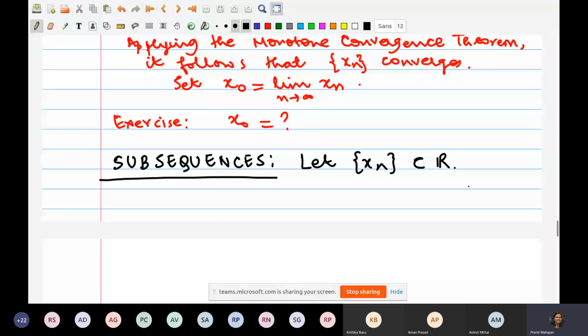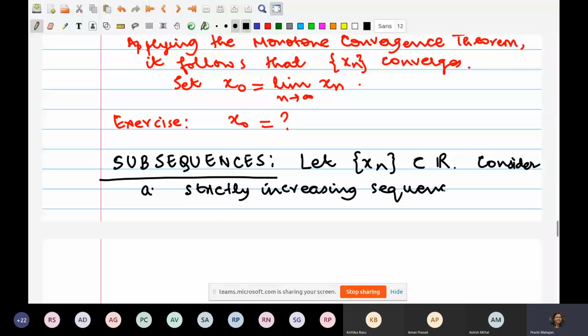I will emphasize on this a little later, but let me write it down. In fact, consider a strictly increasing sequence of positive integers.